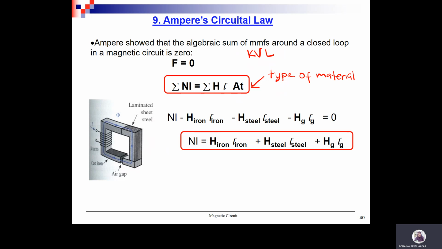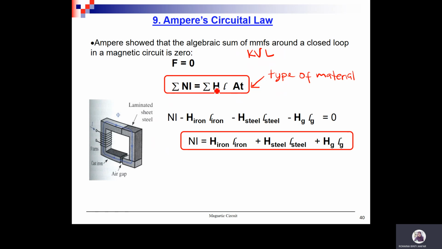And then you have the air gap. Air gap you also have to consider as another material. And then you have your source. So now you have 3 materials involved, and one source.